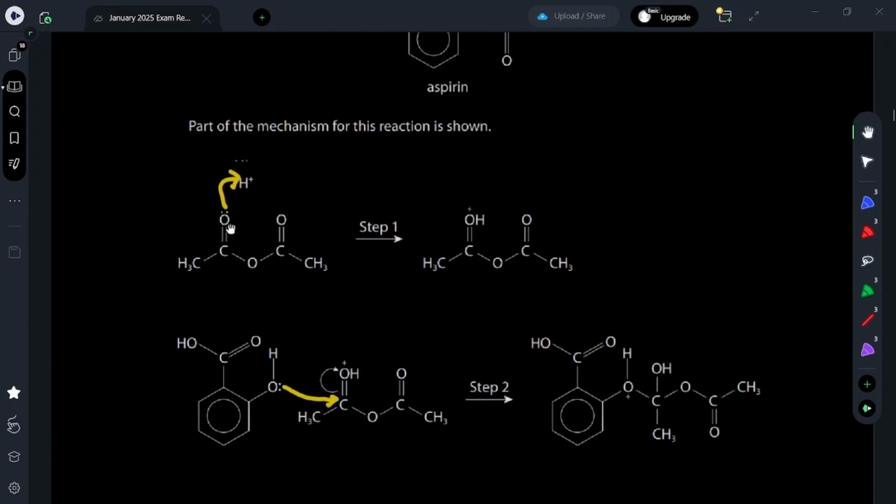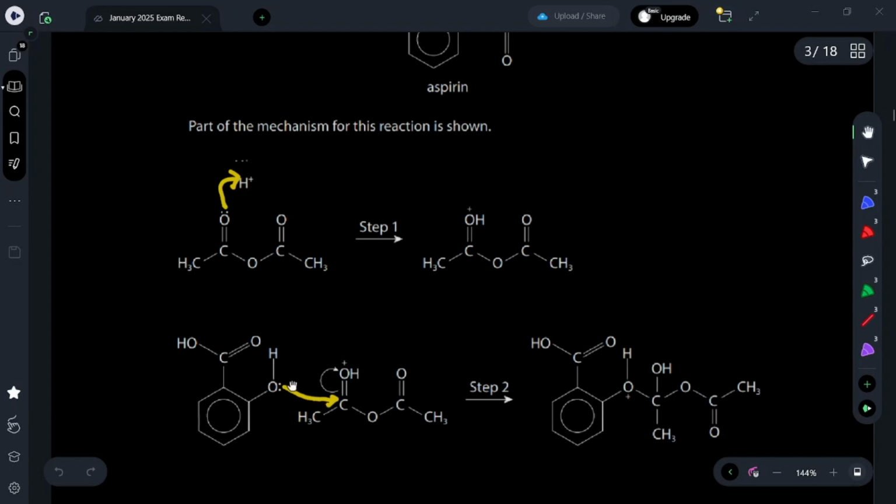The lone pair on the oxygen of the carbonyl attacks the hydrogen ion, so that we are able to form the protonated carbonyl, and then we are going to have the lone pair of the OH group attacking the partially positive carbon, and this is going to neutralize the positive charge here, because a pair in the double bond is going to move to the oxygen atom.